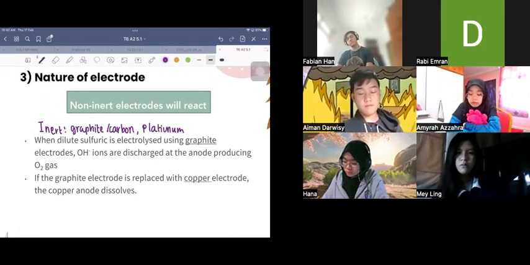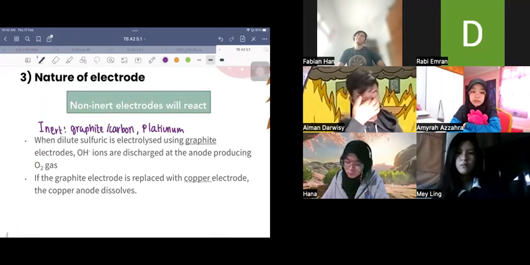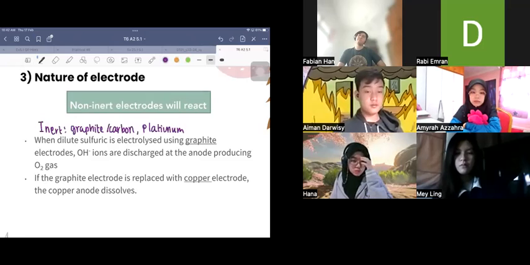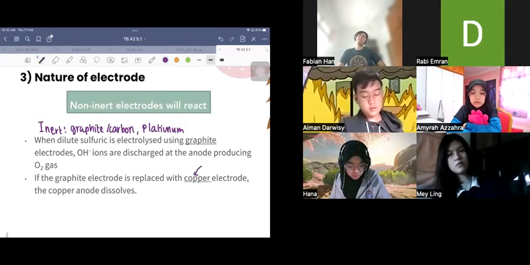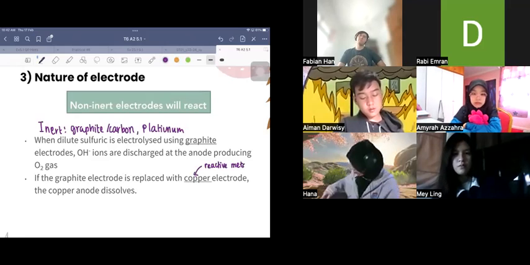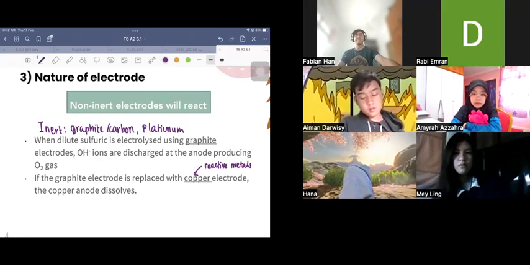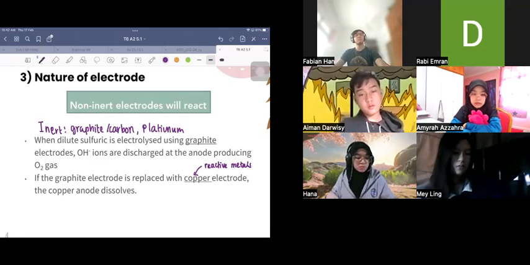So depending on the type of electrodes that you use, if it's inert, it doesn't affect your selective discharge. However, if you use reactive metals as your electrode, then they will get involved in the oxidation process, okay?